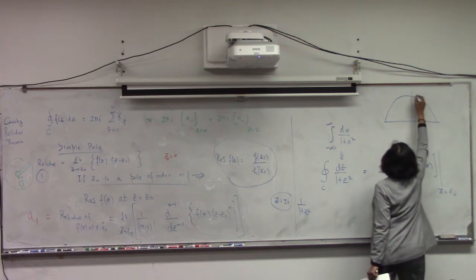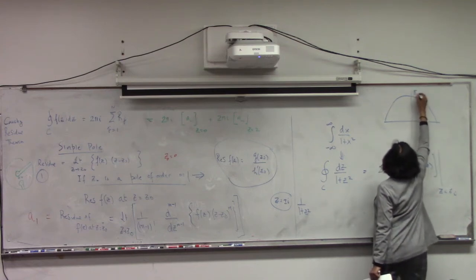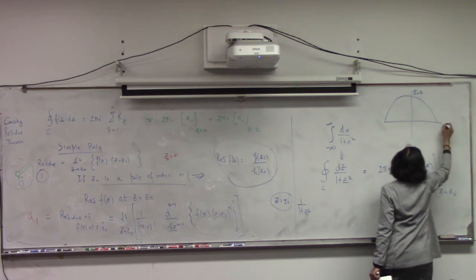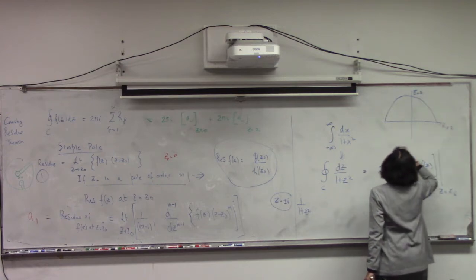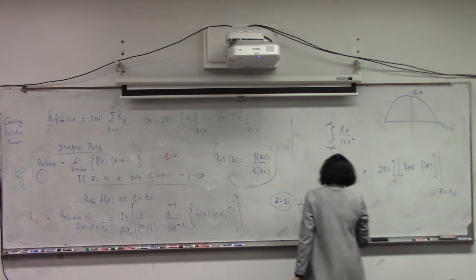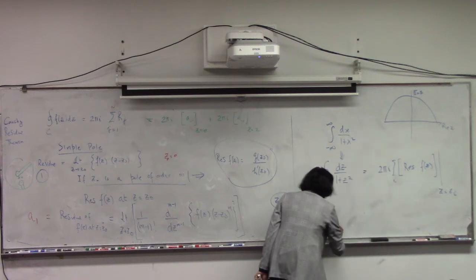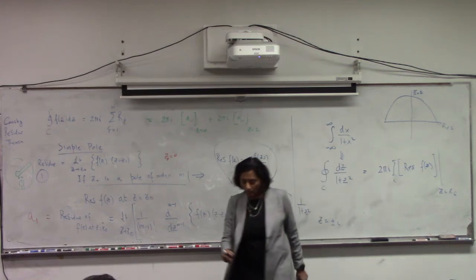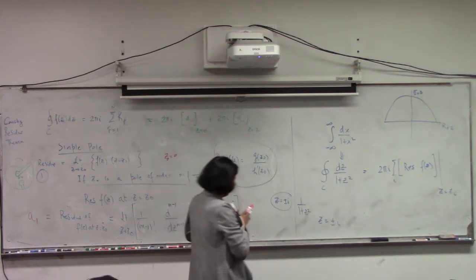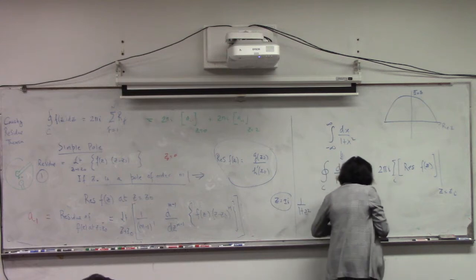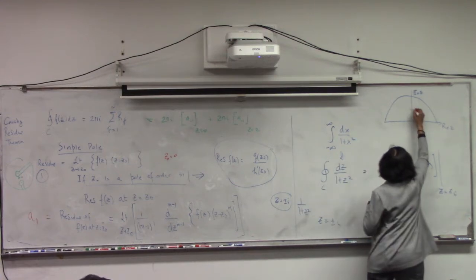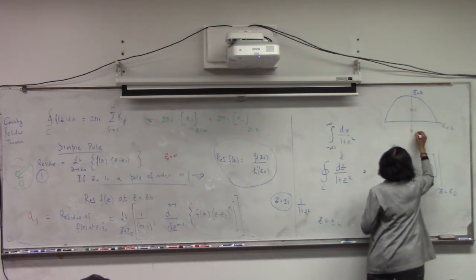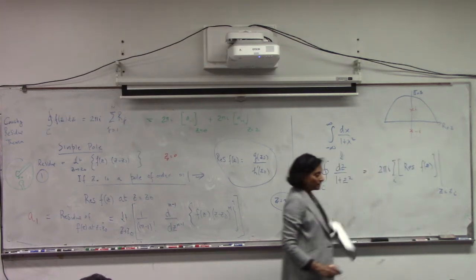That is my imaginary z axis, and this is real z. And z equal to plus or minus i. If I chose a contour like this, the integrand has got two poles: z equal to plus i is here, z equal to minus i is here, right?